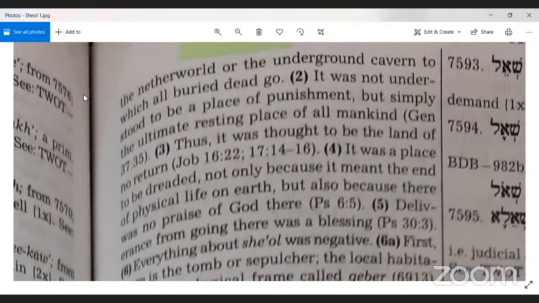Number two, it was not understood to be a place of punishment, but simply the ultimate resting place of all mankind. Genesis. Can we discuss that one?